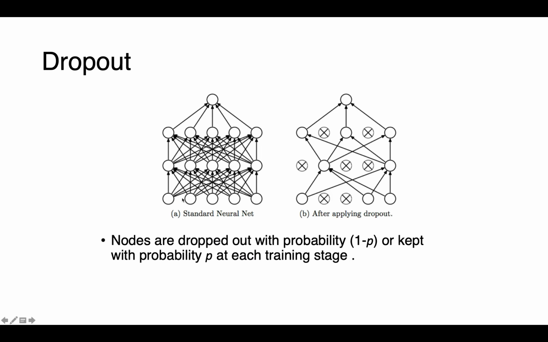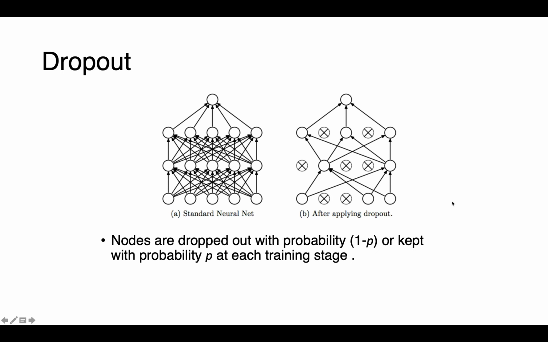Since we have a lot of nodes or kernels in the neural network, and they are updating all the time, the trick is to pause the update for some of the parameters, so that it does not learn so much for each iteration.